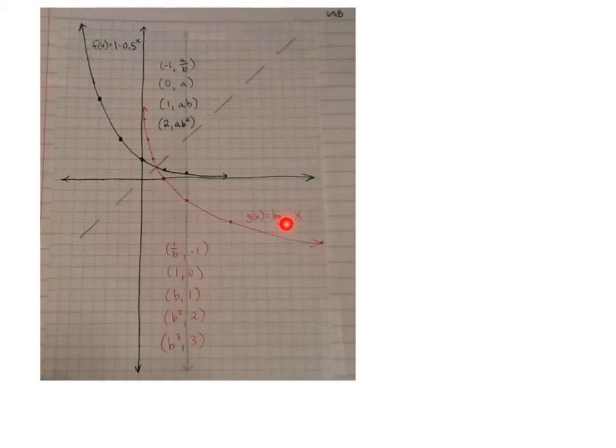We have 0, a happening at the intercept. We have -1, comma, a over b happening there. 1, comma, ab happening right there. If we are to follow the same pattern for our logarithms, then we get the same points as well, plotting out like this.